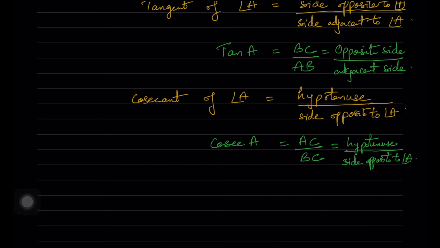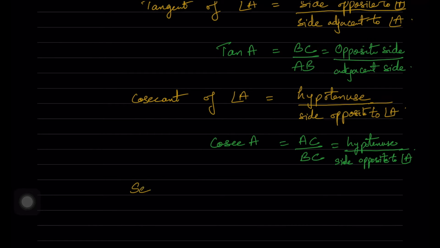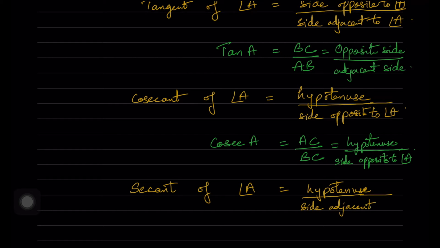Next, secant of angle A is equal to the hypotenuse divided by the side adjacent to angle A. These are all to be remembered.